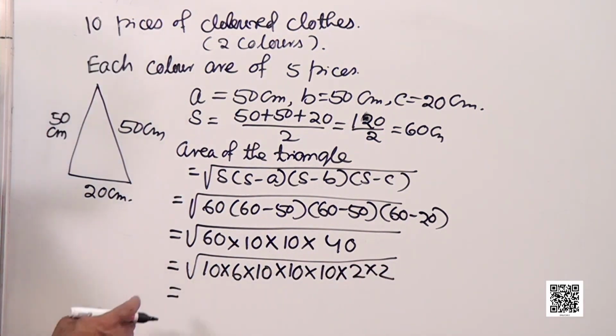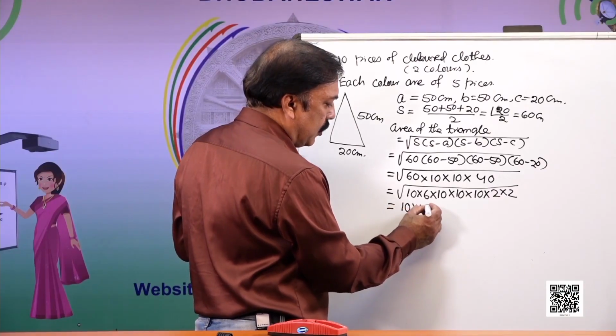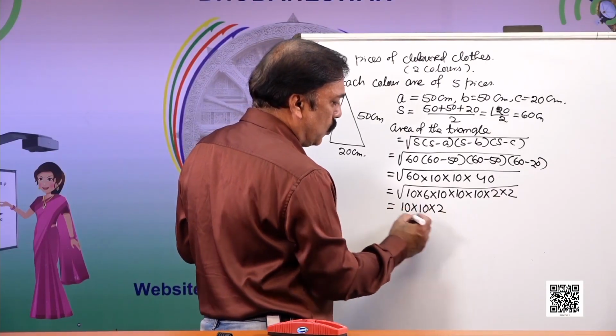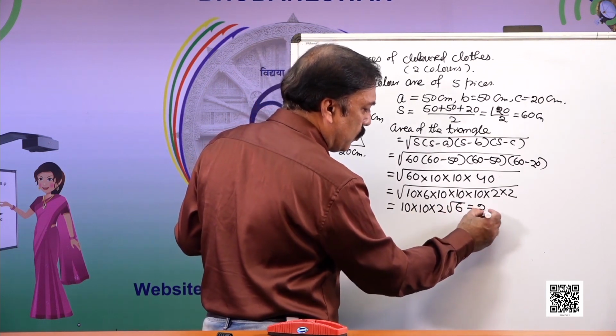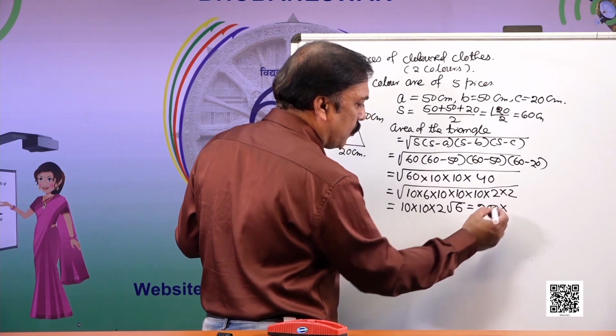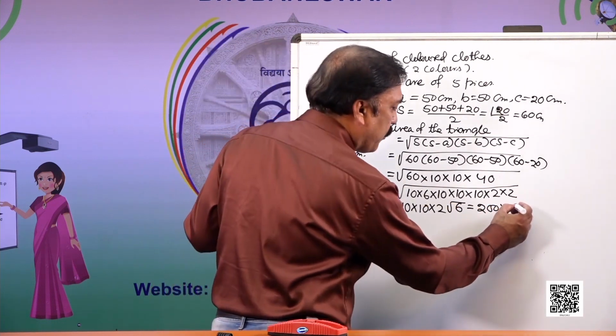So, for taking the square root, we can take 10 into 10 into 2 into root 6, which is equal to 200 into root 6, and the approximate value of root 6 is 2.45.